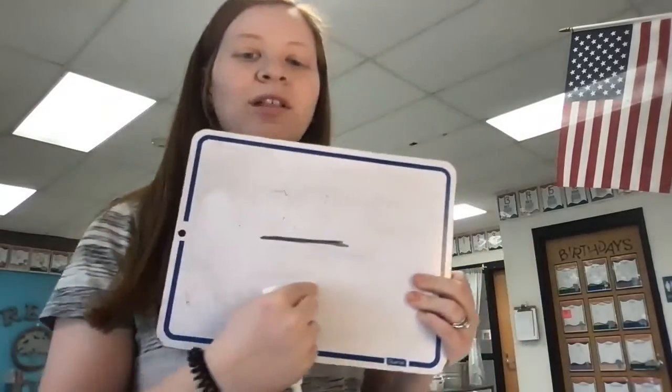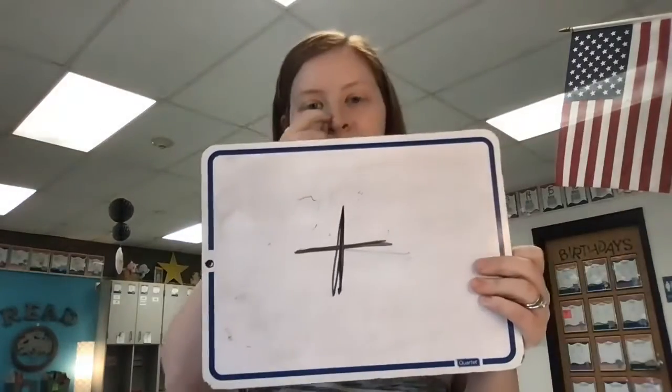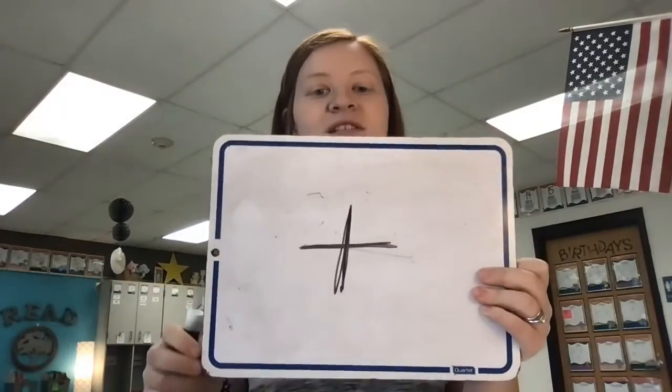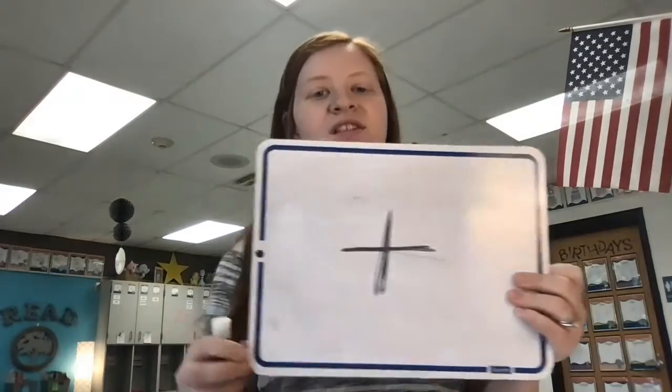Yep, this is called Linus the Minus, and he always tells us that we are subtracting. Now, let me change it a little bit. When we see this sign in our number sentence, are we adding or subtracting? That's right, this is a plus sign. So we are simply going to add when we see this sign.